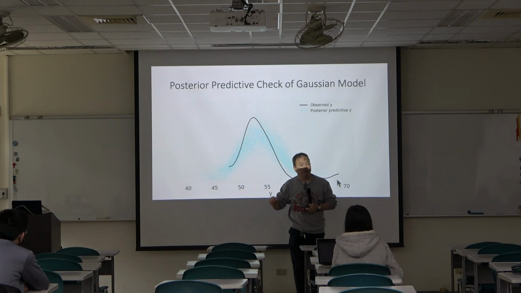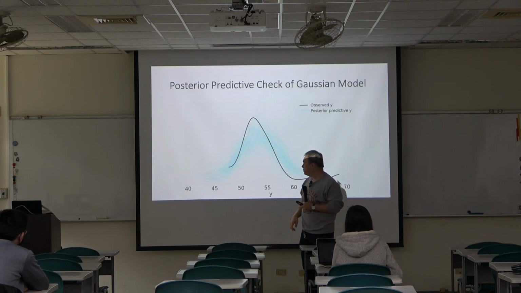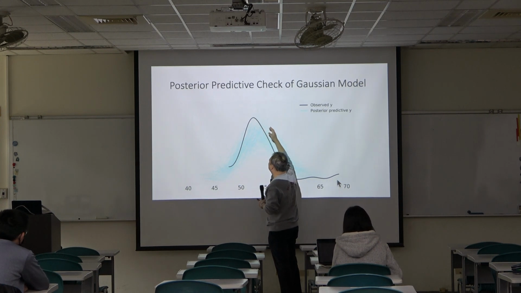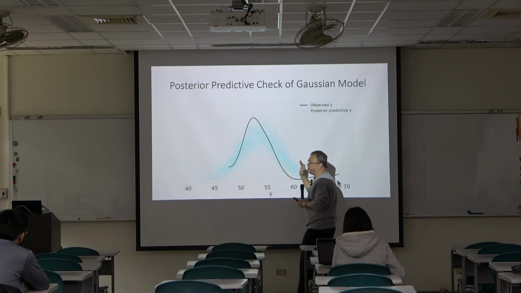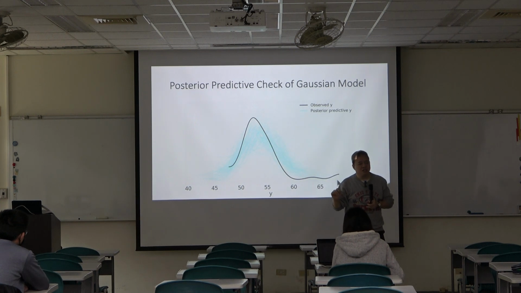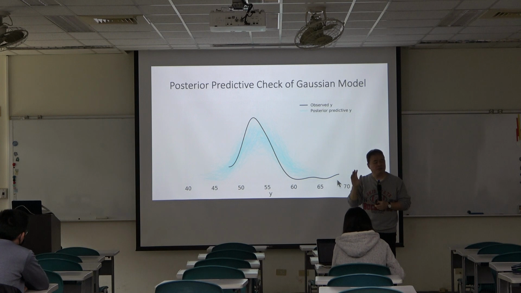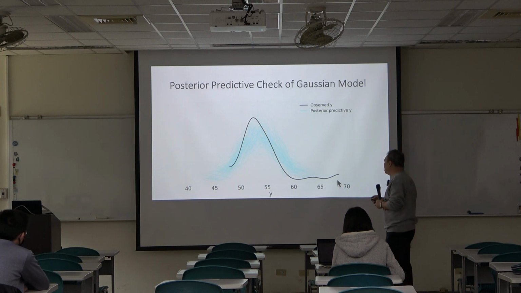But if you look at the lines generated by the samples, it seems that the average or mode moves a little bit to the right. It doesn't match so well. So, is it good enough?